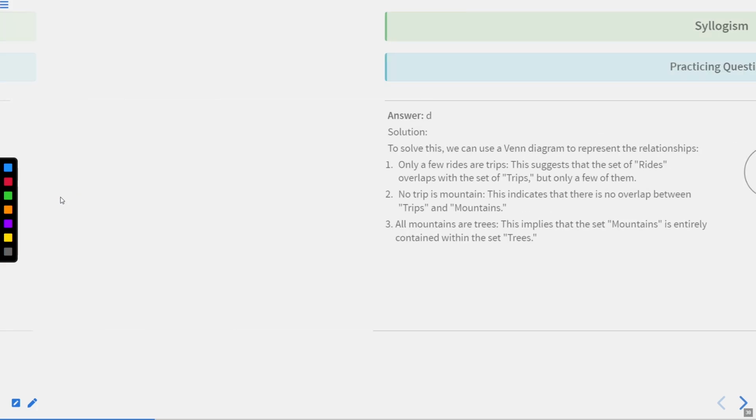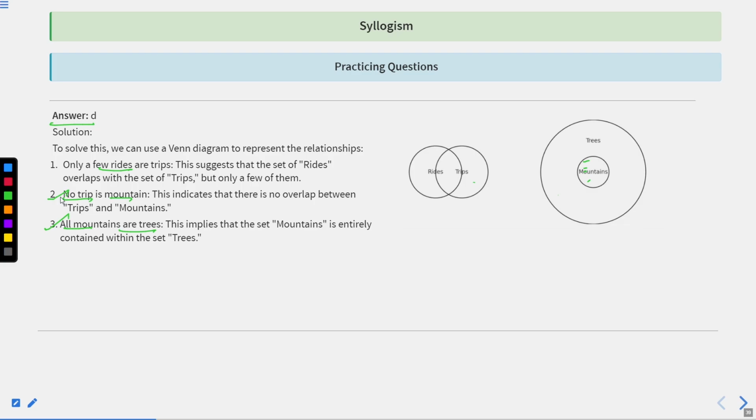Okay, I suppose you have understood the question. If you have any doubts whatsoever in understanding how to solve these problems and how to draw the Venn diagram, I would suggest that you start with very simple questions, which have statements only from categorical syllogism, talking about all, some, or no. After you have mastered syllogism of only one particular type, then move on to a combination of different types of syllogism, and then try to solve those questions.